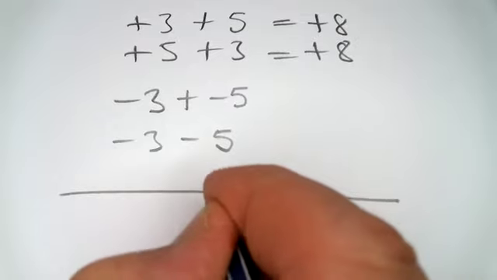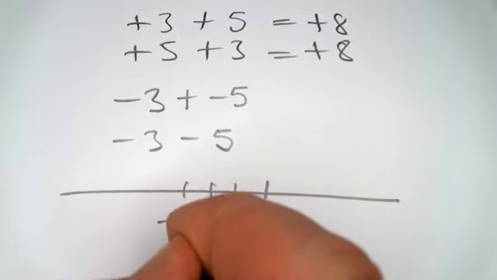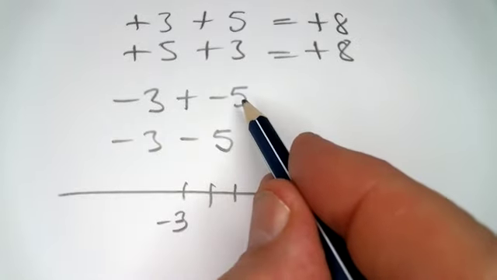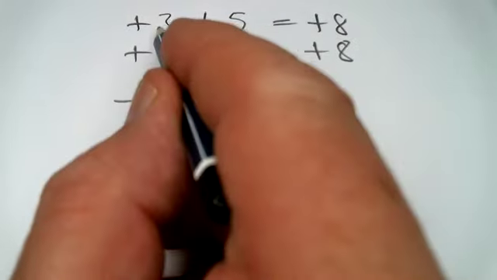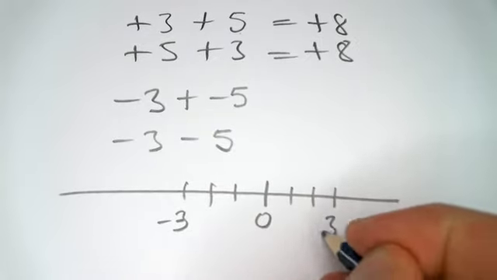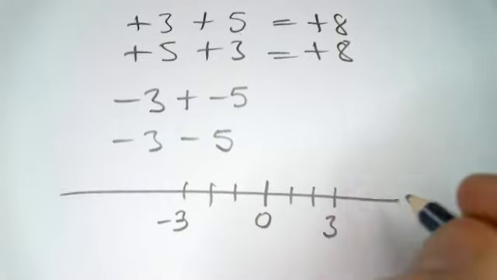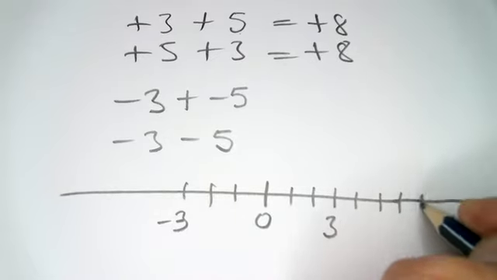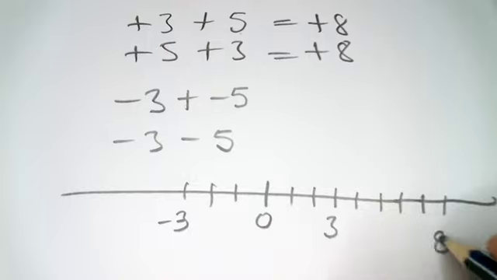We have a negative 3. Here's my negative 3. Here's my 0. And now we've got another negative 5. So rather than counting 3 plus 5, here's 3, 1, 2, 3. And another 5, 1, 2, 3. Oops, I need more. 4, 5, which takes me up to 8.